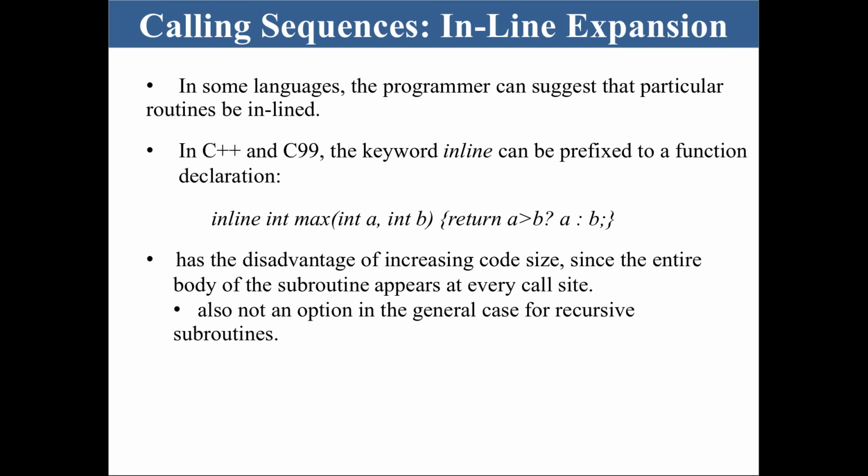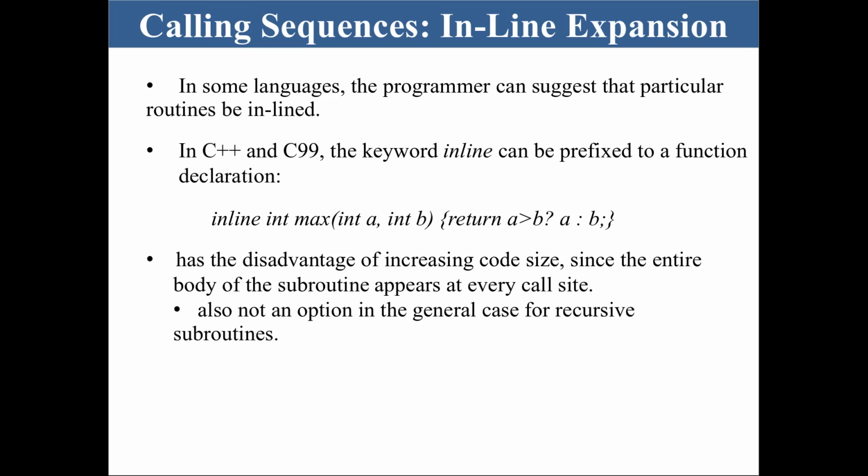In C++ and C99, the keyword inline can be prefixed to a function declaration. For example, inline int max(int a, int b) { return a > b ? a : b; }, where the question mark is the ternary operator. So the keyword inline can be used by a programmer here.